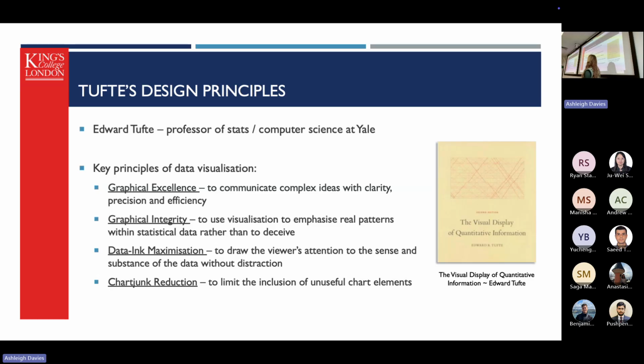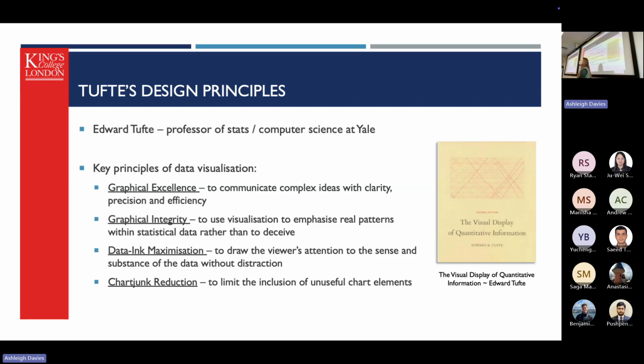But I just wanted to take his 4 key principles related to data visualization. I think that some of them are kind of a legacy of times gone by when we think about ink maximization and things like that. But the first one would be this idea of graphical excellence. So his idea is that the primary purpose of representing data is that we want to communicate sometimes complex ideas, but with clarity, precision, and efficiency.